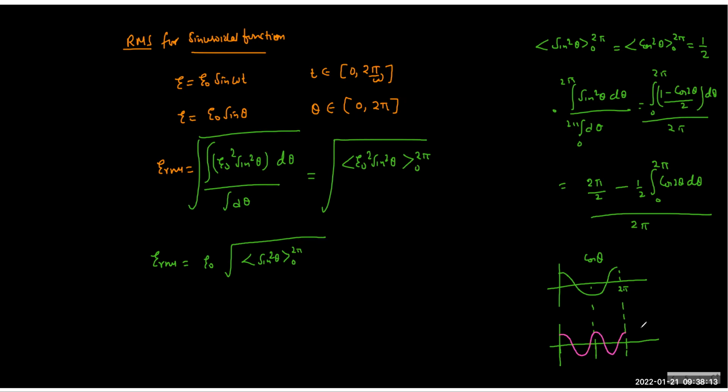That is the meaning of cos 2 theta. If you make it 3 theta, it will have 3 cycles. And therefore, the plus and the minus, if you add all values, it will be 0, which means the area under the curve is 0. And that is the exact meaning of integration. So cos theta d theta integration from 0 to 2 pi is always 0. And therefore, the term will become 1 by 2.